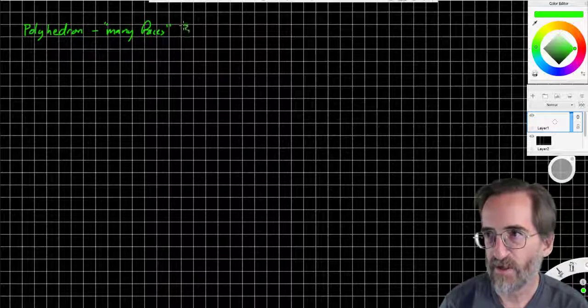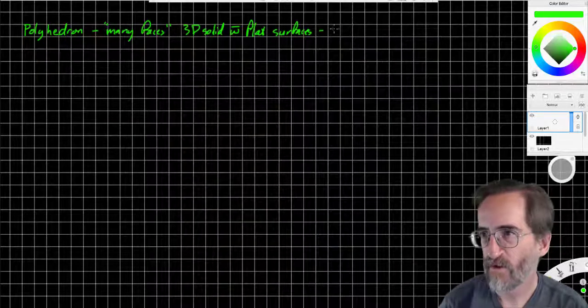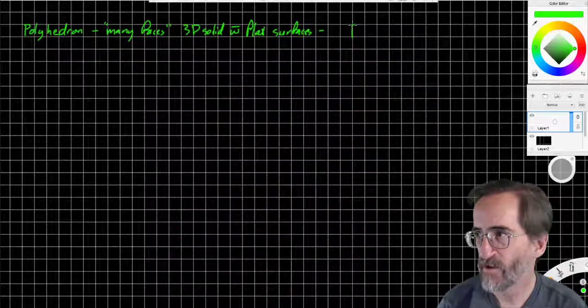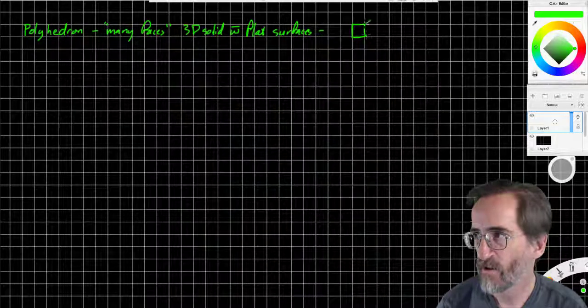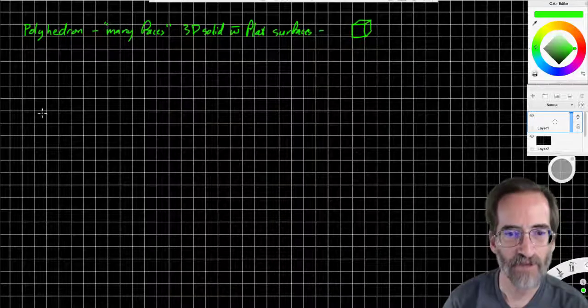It is a 3D solid with flat surfaces. The most famous of being a cube. That is a hexahedron because it has 6 faces.